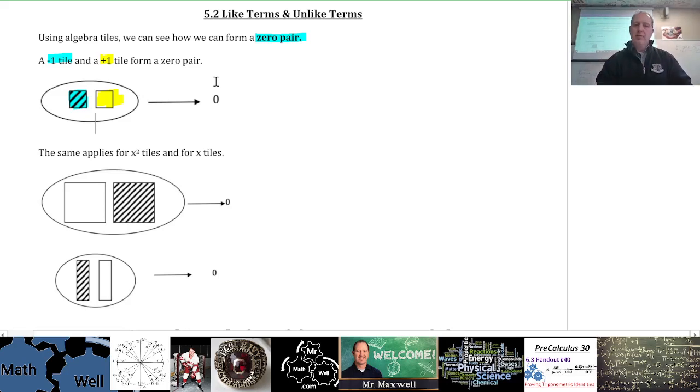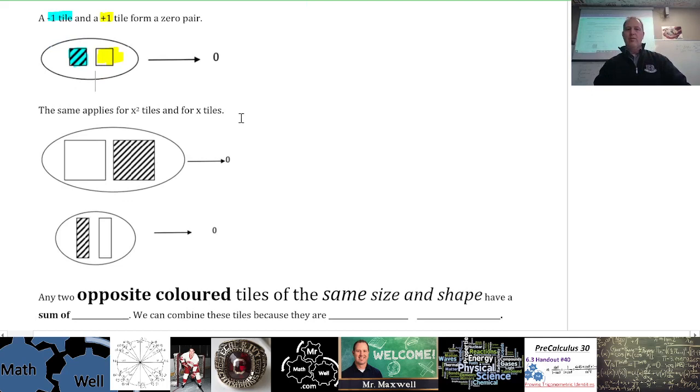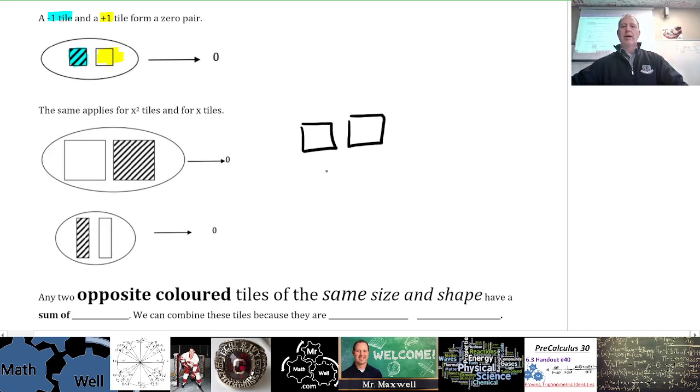The same applies for the x squared tiles and also for the x tiles. So anytime you see 1 positive and 1 negative of the exact same shape, those cancel out to give you 0. All right? That's a very, very important concept. And of course, that holds true if we had two positive x squared tiles, and then we had 2 negative x squared tiles, okay?